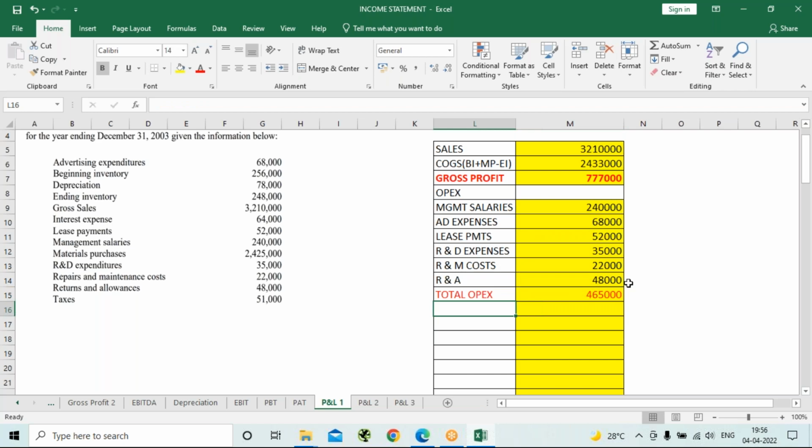It is 4,65,000 and this will be calculated with the gross profit value, that is 7,77,000 minus 4,65,000, which gives you 3,12,000. Okay, now what should be calculated?